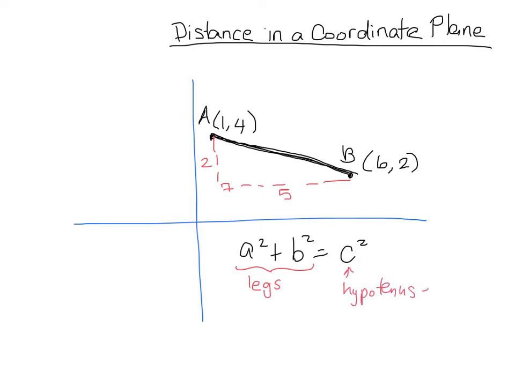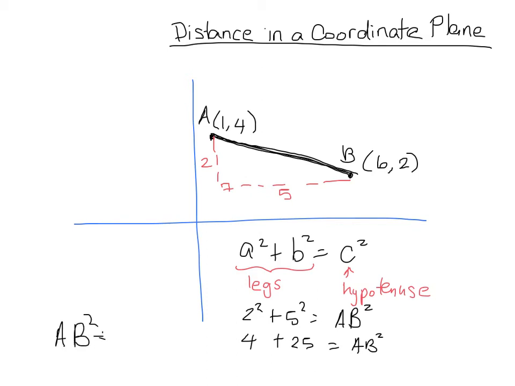All right, so we can go ahead and complete this by doing 2 squared plus 5 squared is equal to AB, the length of that segment, squared. All right, so now we have 4 plus 25 is AB squared. And so AB squared is 29, and AB therefore is the square root of 29. And that would be our answer.